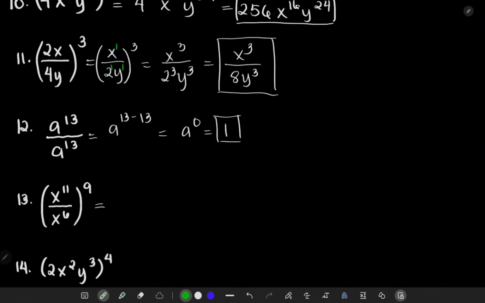Pero kung mapapansin nyo, we have a common base. So if we have common base sa numerator and then denominator, we usually subtract the exponent. So we have x raised to 11 minus 6. And then 11 minus 6 is 5.